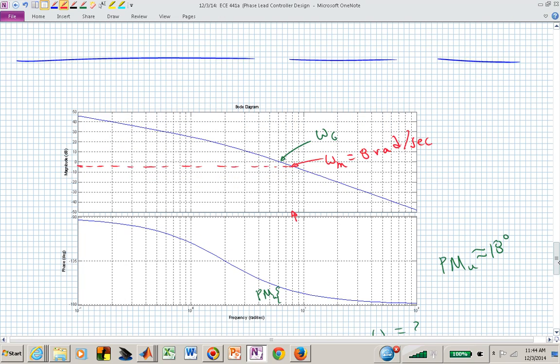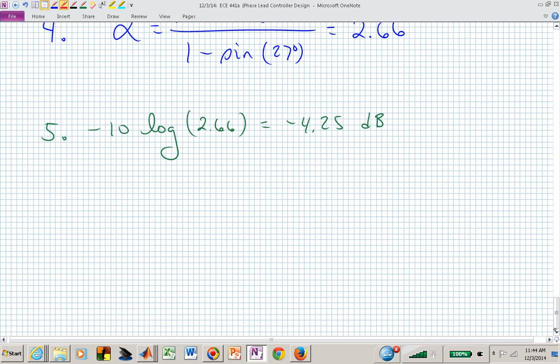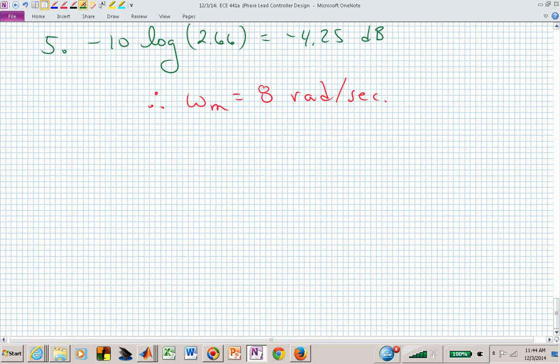So now we've seen that based on this formula of minus 10 log of alpha, we've identified our new gain crossover frequency to be 8 radians per second, and that's actually where we will be geometrically centered with respect to our pole and zero of our controller.